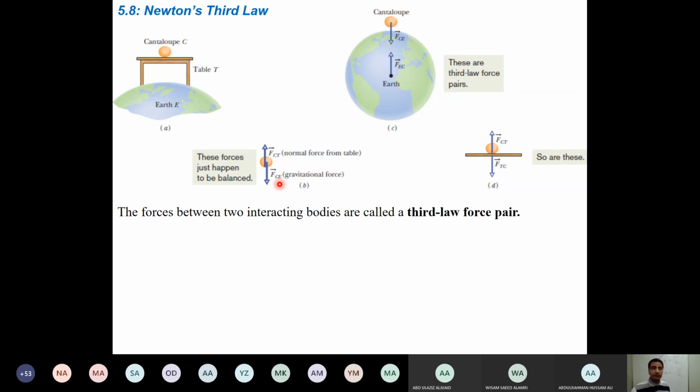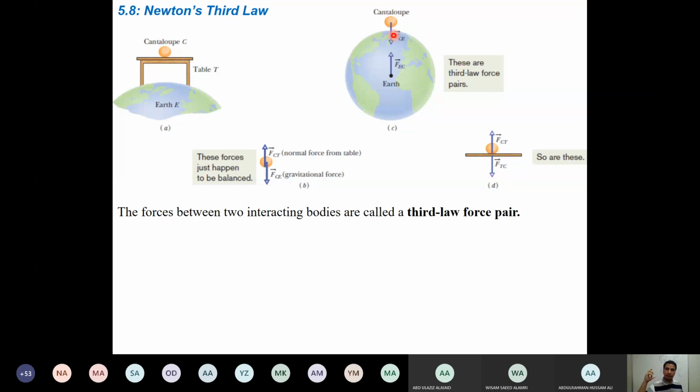But on the other hand, if I remove the table from the equation and bring it here, when you put the cantaloupe without any table, then there will be the force between the cantaloupe and the earth. Now the earth is applying a force on the cantaloupe, and as a result, the cantaloupe is applying another force on the earth. Now you are seeing two bodies and two forces.